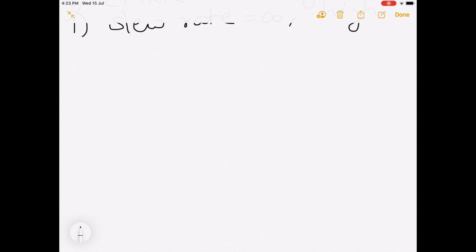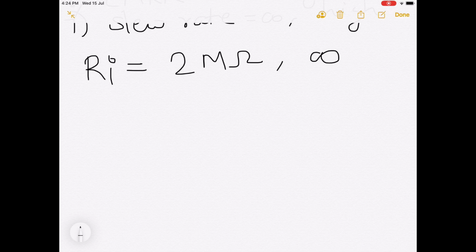As we are applying two inputs, it is also called the differential input resistance. Differential input resistance Ri for IC 741 is approximately 2 mega ohms practically, and ideally it should be infinite.